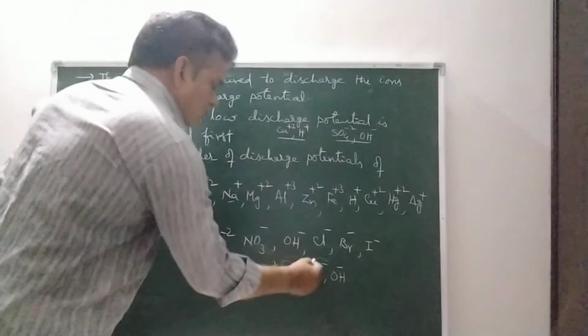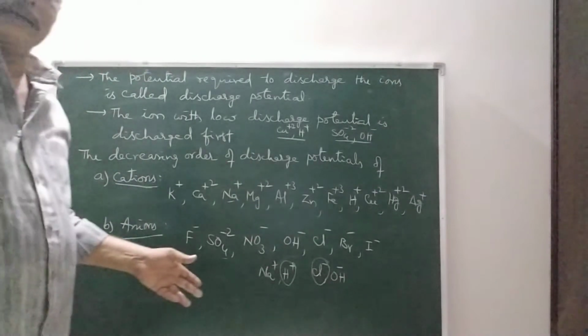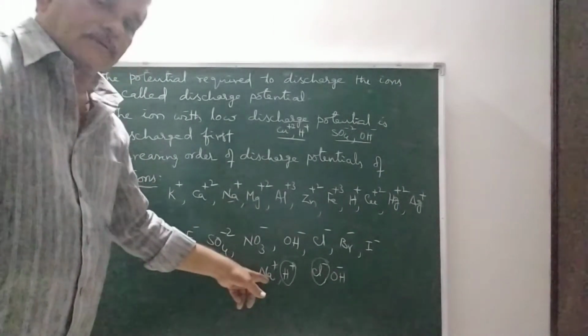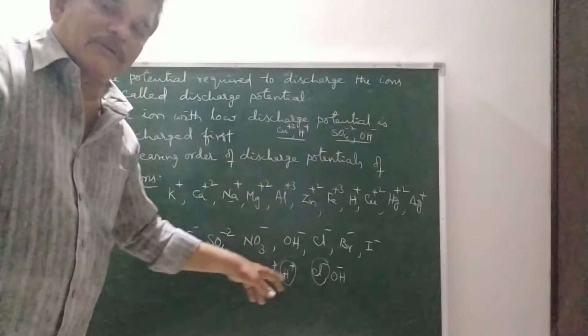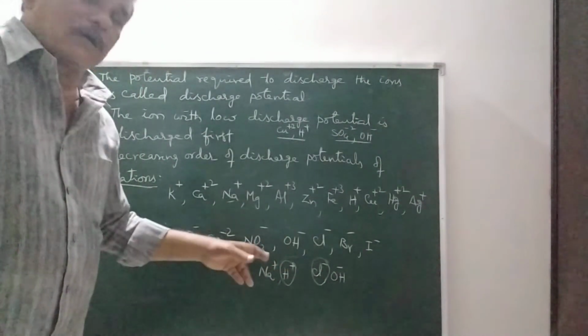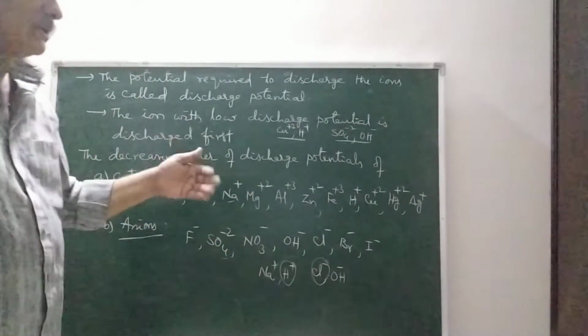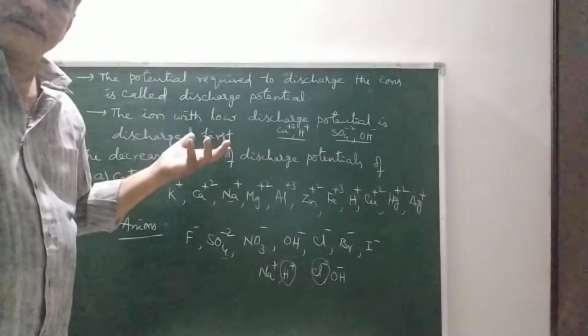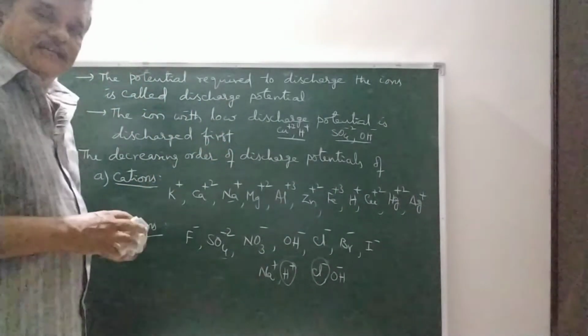Cl-. So chlorine is liberated at the anode. The resultant solution will have basic nature because the remaining ions are Na+ and OH- ions. These two combine to give NaOH, which is a strong base, so pH will be very high. So pH increases, right? And the solution will be basic in nature.